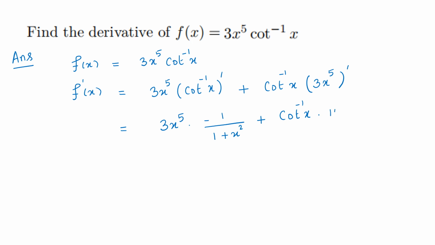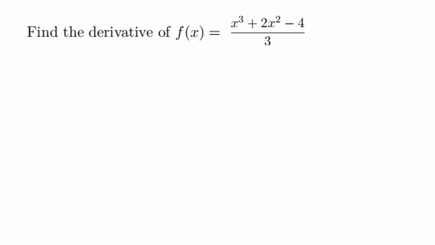It is 15x power 4. Just simplify this, which is equal to minus 3x power 5 divided by 1 plus x square plus 15x power 4 times cot inverse x.